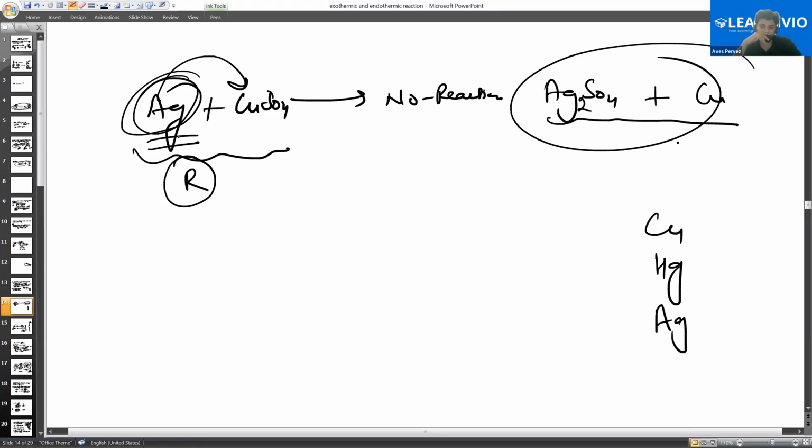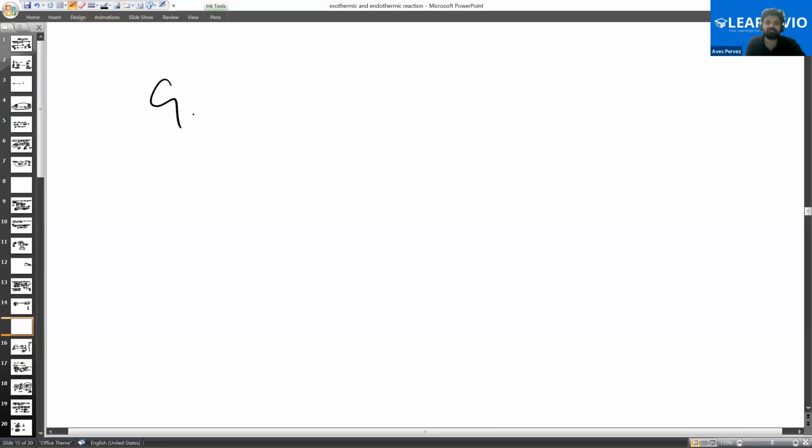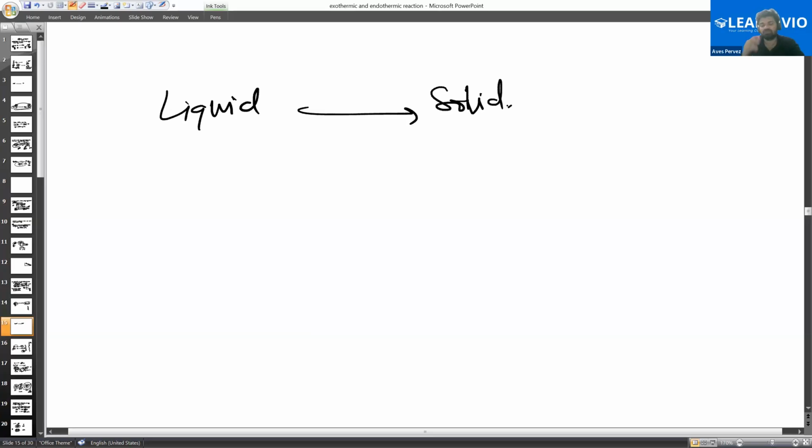It will not shift. Moreover, can you tell me if you are converting gas to solid or liquid to solid, is it an exothermic process or an endothermic process? Liquid to solid, is it exothermic or endothermic? Yes, Ritvika. Sir, it's exothermic.